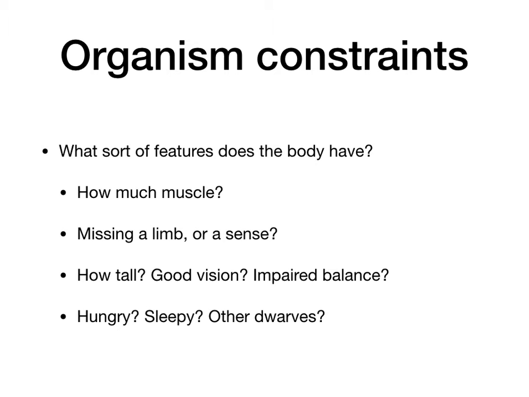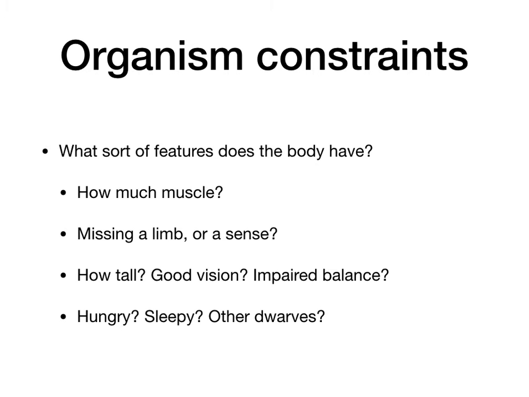But you can see how the abilities of my body constrain my space of actions. How toned are my muscles? Am I missing a limb? Do I have good vision? Is my balance impaired? What's going on with my mood? Hungry, sleepy, dopey? What's my current state, and how does that impact how I can behave?